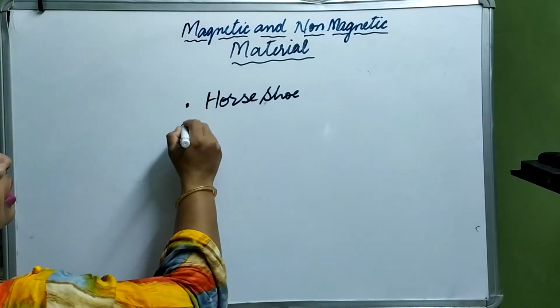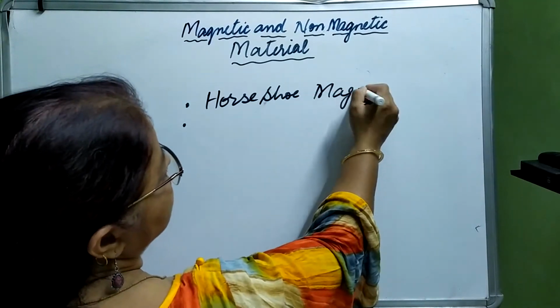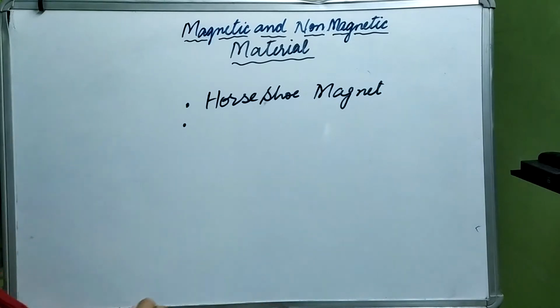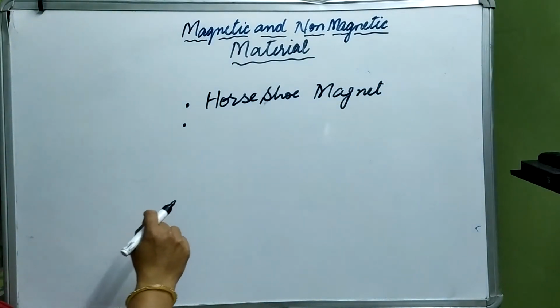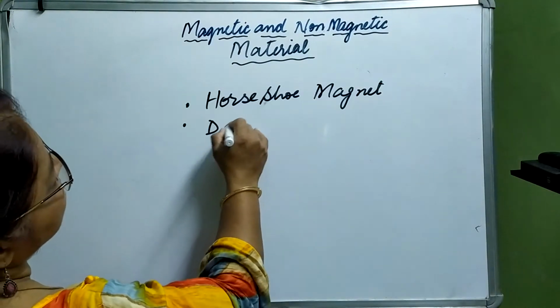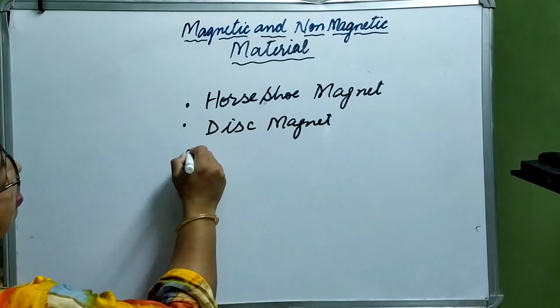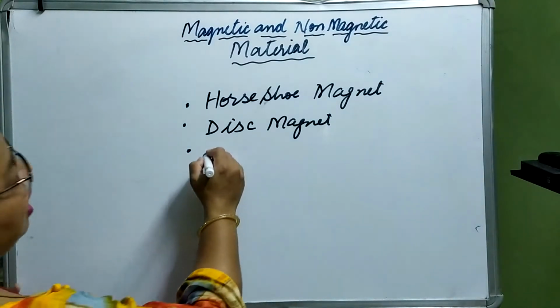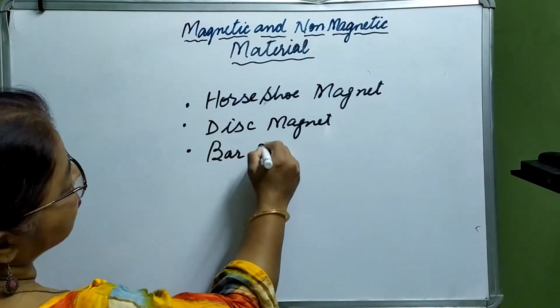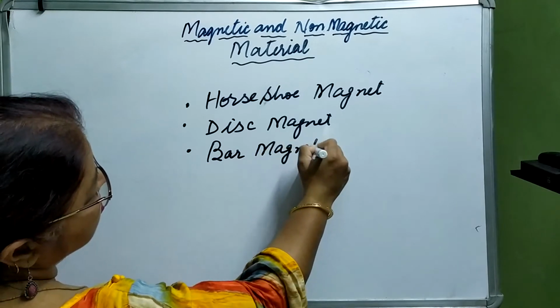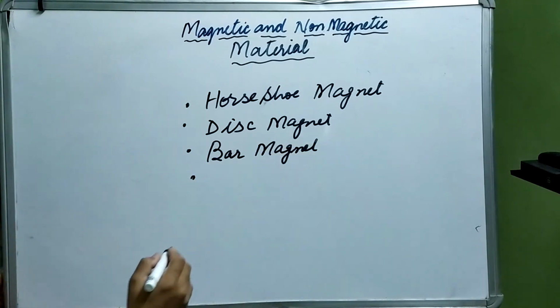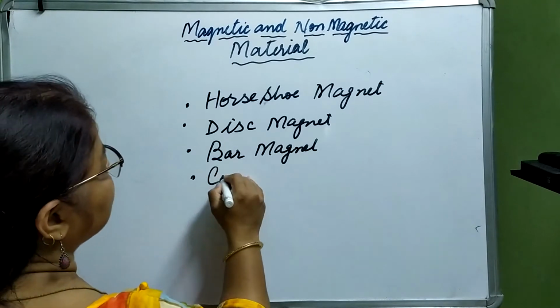Okay, then we are trying to recall the horseshoe magnet, then we have the disc magnet, there is a category of bar magnets, then we have another type of magnet called cylindrical magnet.